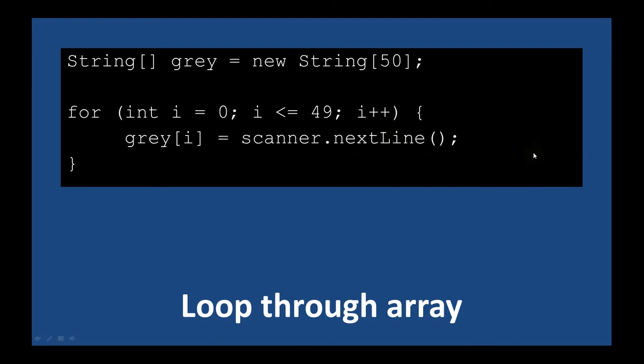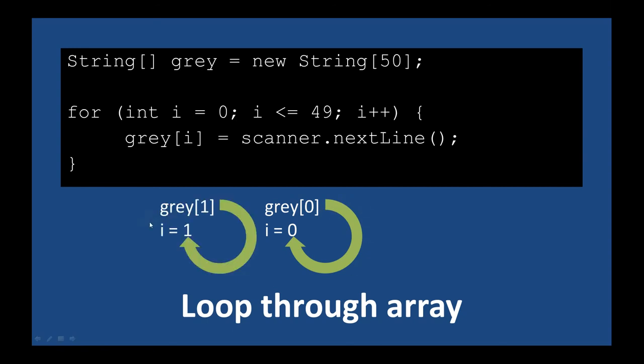Pretty straightforward. The way the computer runs this is, at first i equals 0, so you will call out the grade 0 here, and then you scan its value. Then the second time it will be i equals 1, and you scan the grade 1. And i equals 2, you scan grade 2.